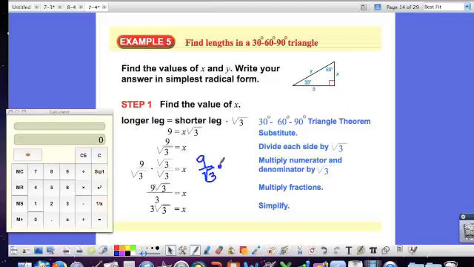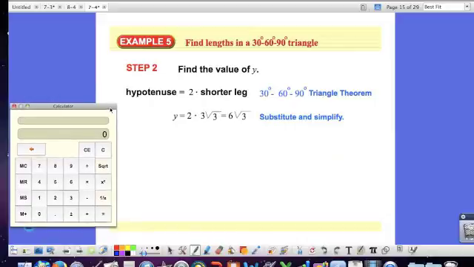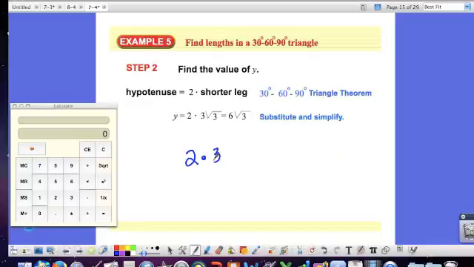I'm multiplying that, I know they have that there, but sometimes it works better if I do it at the same time, times radical 3 on the top and the bottom, because that's like multiplying by 1. So I get, as you see here, 9 times radical 3 is 9 radical 3 over 3. 9 divided by 3 is 3. The answer is 3 radical 3. Okay, and then to find y, 2 times the shorter leg. So 2 times the 3 radical 3, right there, gives you 6 radical 3.